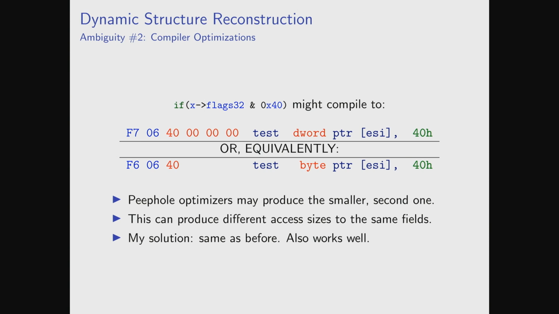But actually, it's perfectly legal to convert the instruction into a byte-sized access instead, since the only non-zero byte within that 32-bit constant is the lowest one, and just turn it into an 8-bit access instead. So again, this leads to ambiguity about what is the size of the field at that location. We might see multiple size accesses.